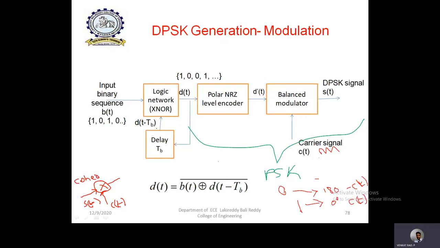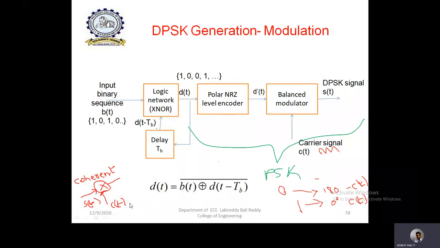Whenever you find the term coherent detection, you can clearly observe this particular block first. In the demodulation of coherent detection, the modulated signal has to be multiplied with the same carrier, that means the carrier used in the modulation. So this carrier and this carrier must be the same with respect to frequency and with respect to phase.